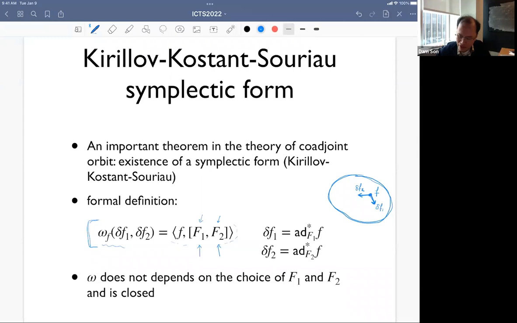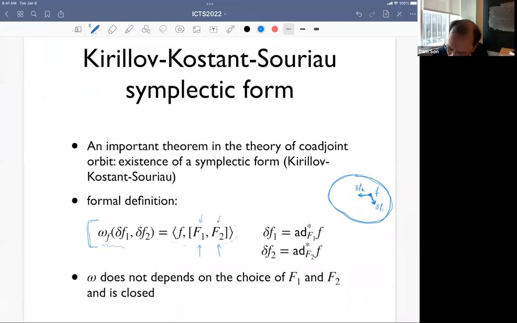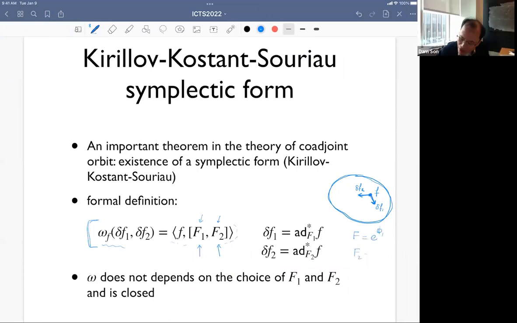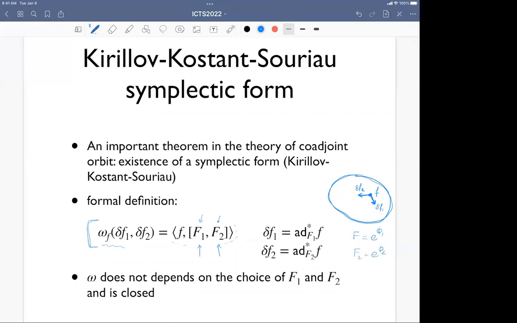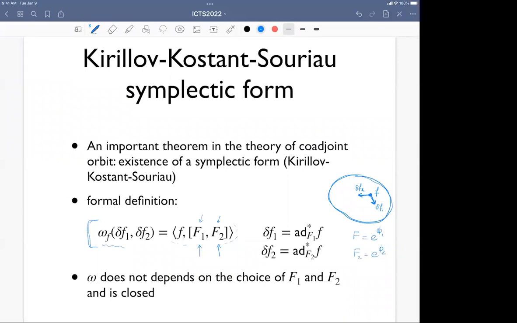Yeah. Okay. So an example of capital F would be p squared by twice m, as you were saying before, right? Yeah. So if you take capital F1 to be p squared by twice m and F2 to be something else, and F to be the Fermi surface function, then what sort of transformation would this induce?